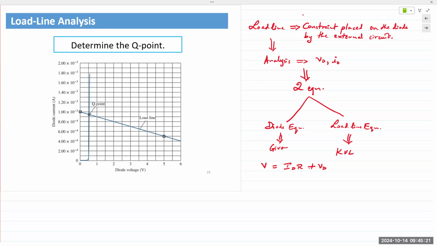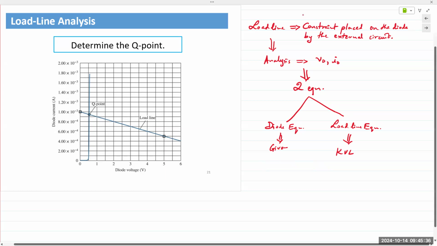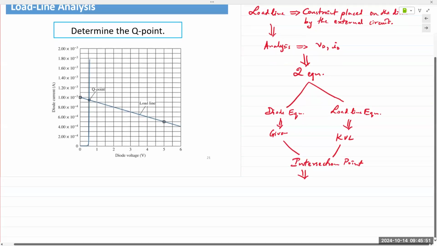The intersection point of the load line and the diode characteristic is basically known as the Q point. The intersection point of these two is known as the Q point.